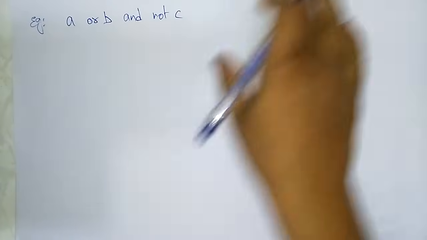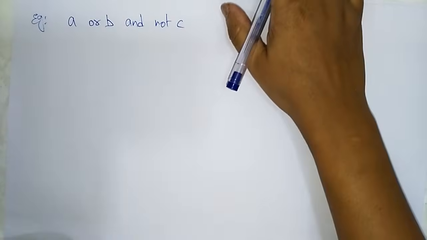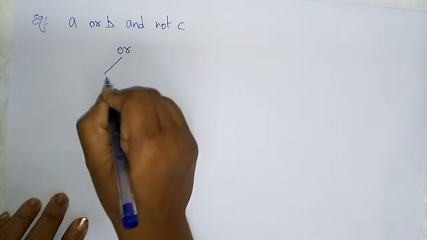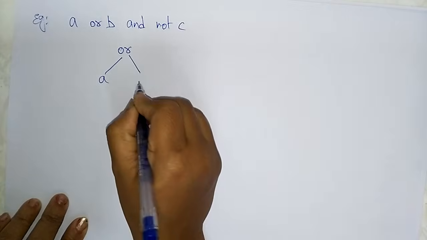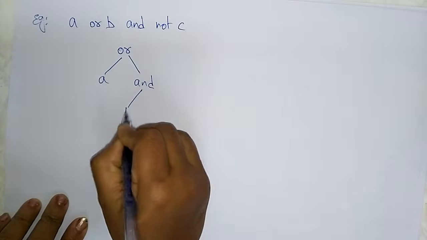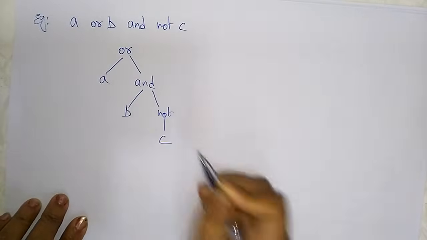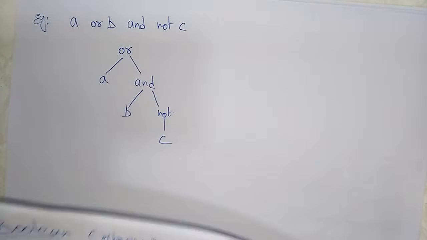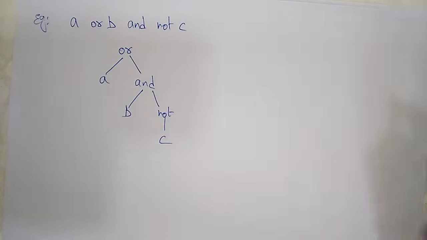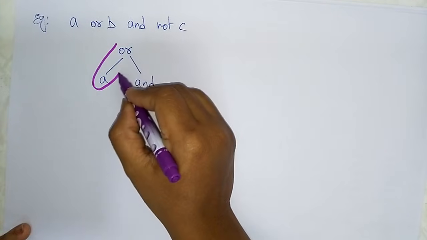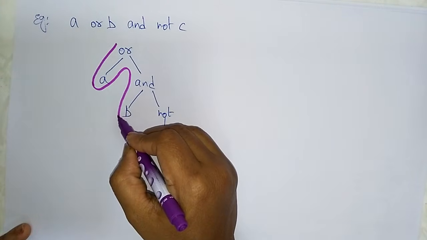A or B and not C. This is an example. For this expression you need to draw the tree. Okay, so this is the tree. Now let's check. Parse the tree from top to bottom. There is no reduction here.